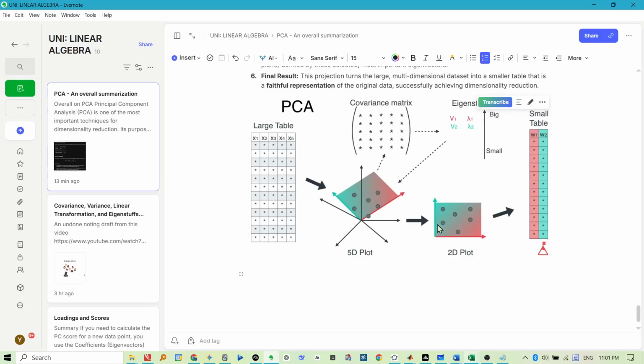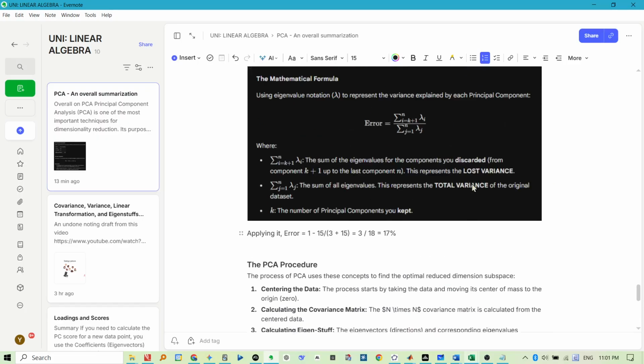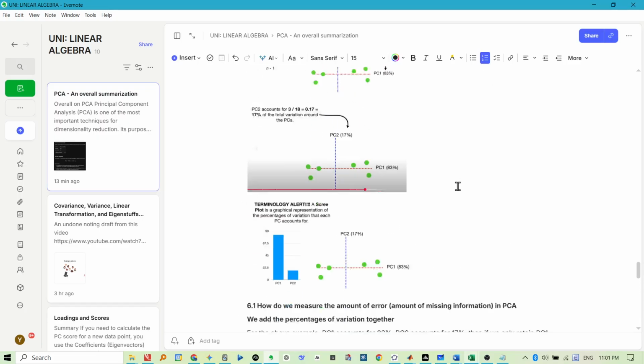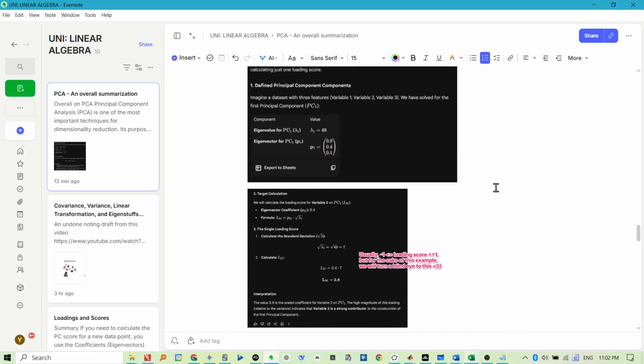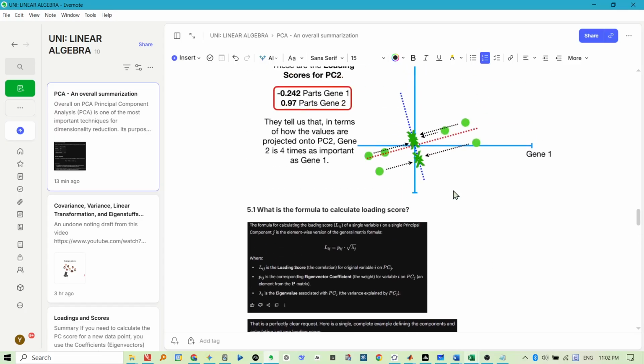From this to this, and then we can interpret our new pieces by looking at the loadings. I have talked about this. The loadings are the coefficients of our linear combination.